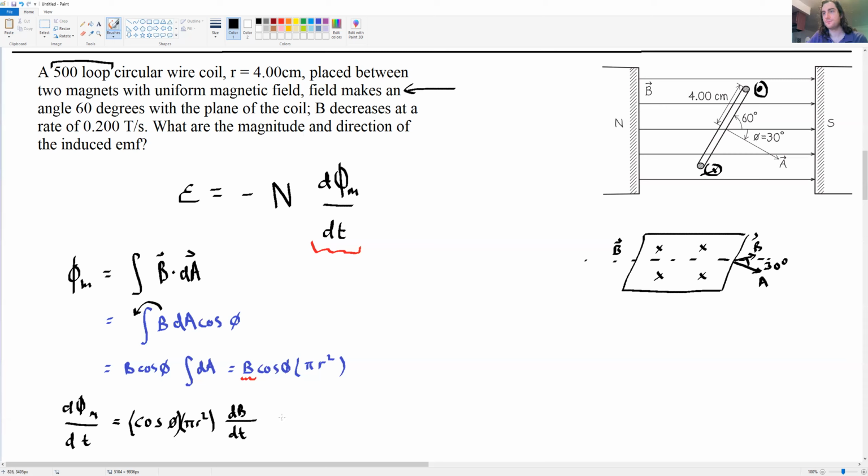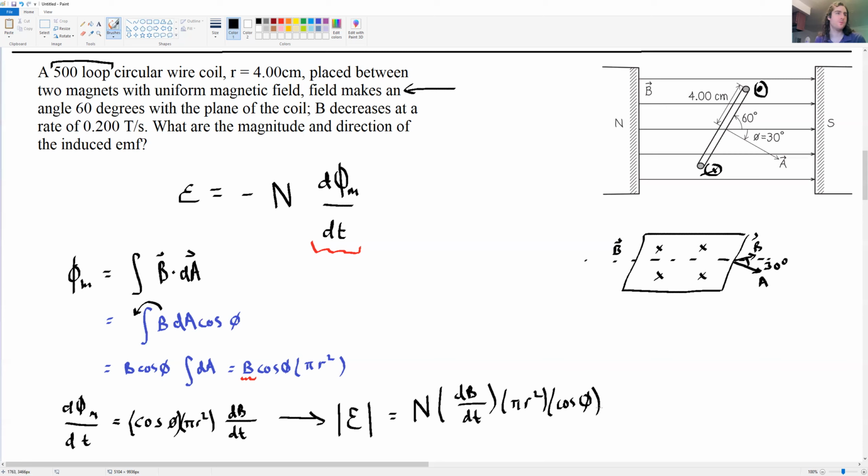So now we can write down E is going to be N, and I'm taking the magnitude, so I'm not writing the minus sign here, N times dB dt, and then we have the pi r squared, and we have the cosine of that 30-degree angle.